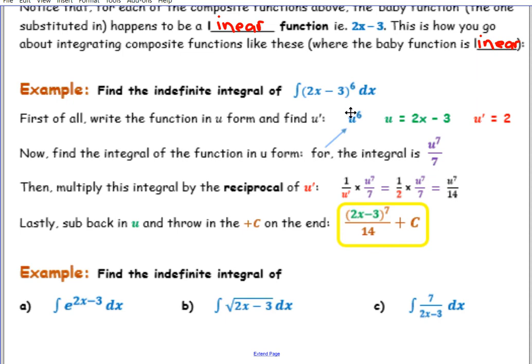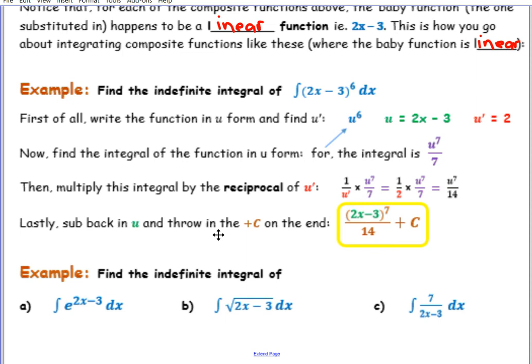So that's a way you can test whether you have integrated properly. Remember, the integral of u to the 6 would be this, but it would be plus c. Because it can get a bit cluttered if I keep putting my plus c's, for these ones I'm just popping it at the end. If you wanted to put plus c there too, you can, but I just pop it at the end.